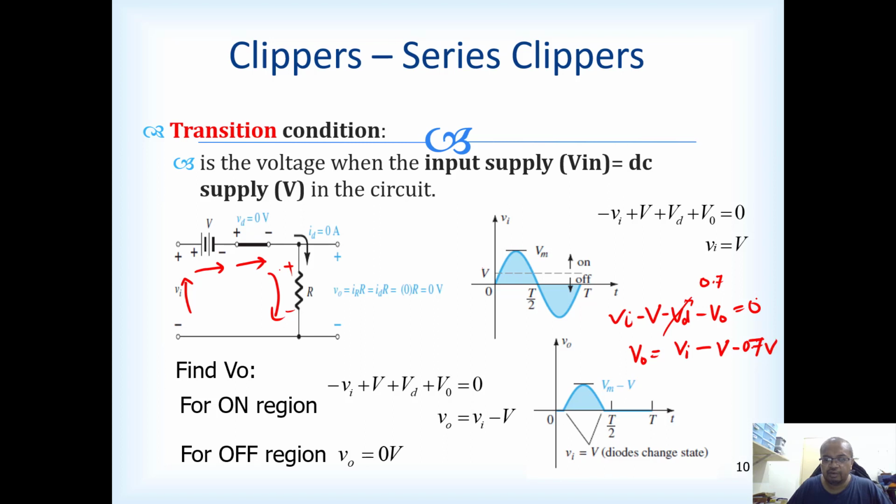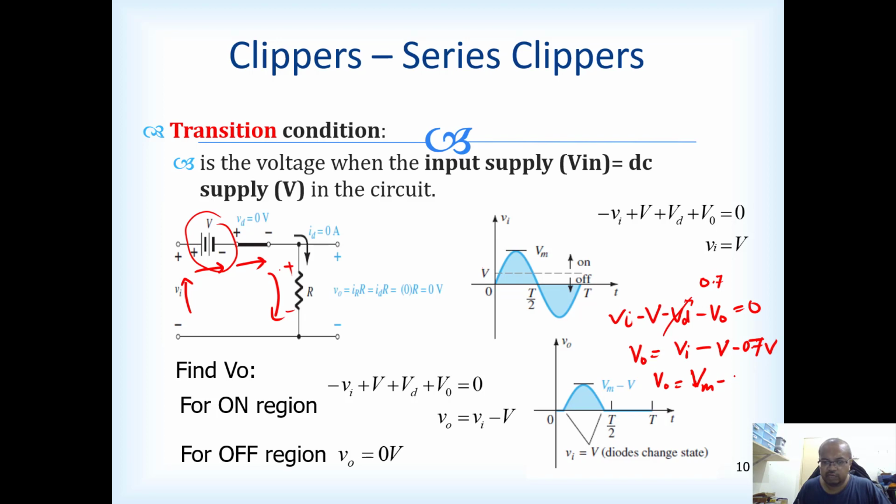All right, to find the maximum output voltage, the maximum Vin is Vm. Sorry, we're actually looking for Vout. Vout is Vm minus this V. What's the value of V here?